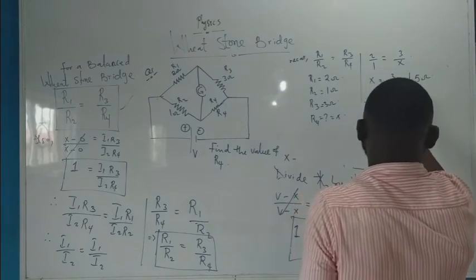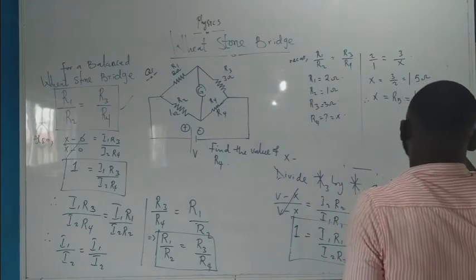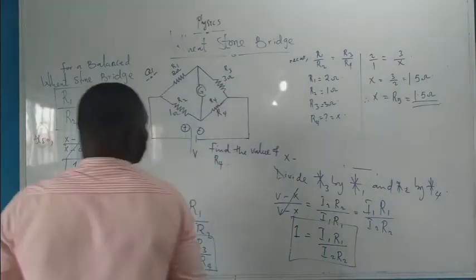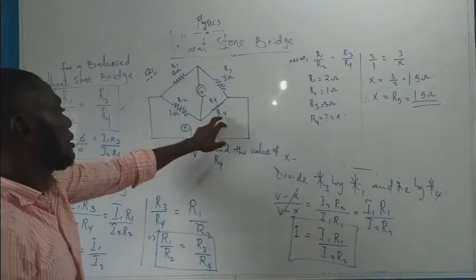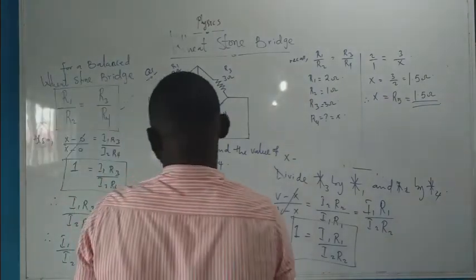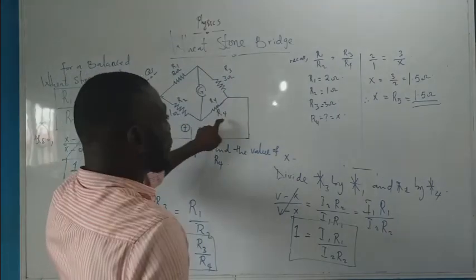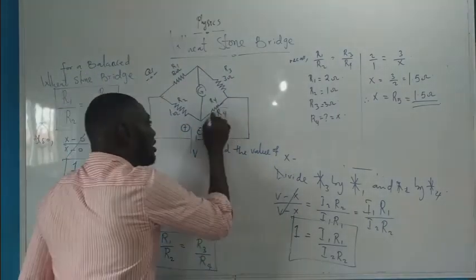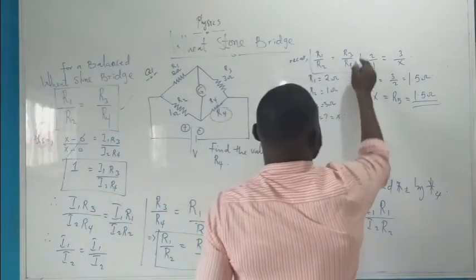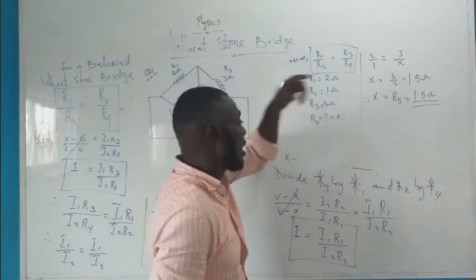Therefore, X equals R4 equals 1.5 ohms. So that's the value of the resistance, which is R4, 1.5 ohms. We're given R1, R2, R3, but R4 is unknown, which you have to find the value of. So you're going to recall from this that R1 over R2 equals R3 over R4.